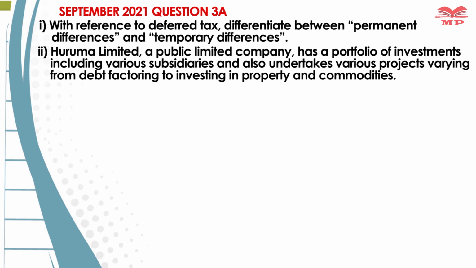The following information was extracted from the group financial statements relating to the deferred tax provision for the year ended 31st of March 2021. We have that information, number 1 up to note number 6, and we are going to go through it as we see what the examiner was requiring.